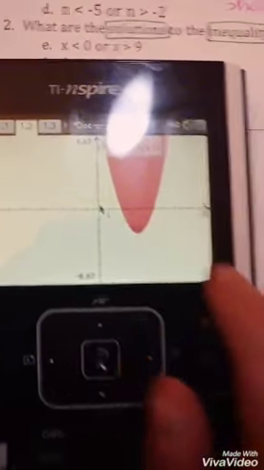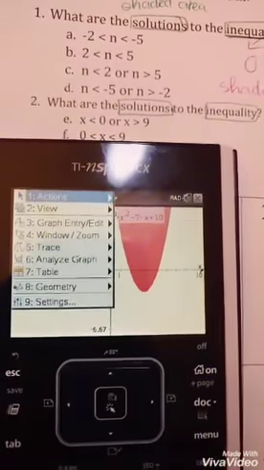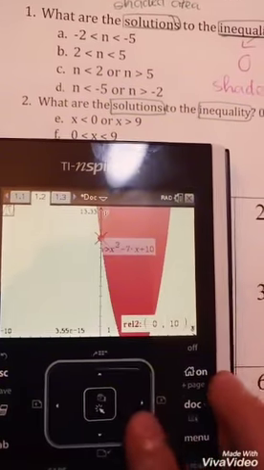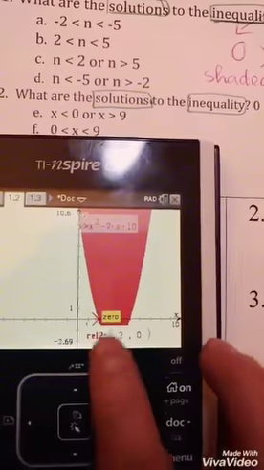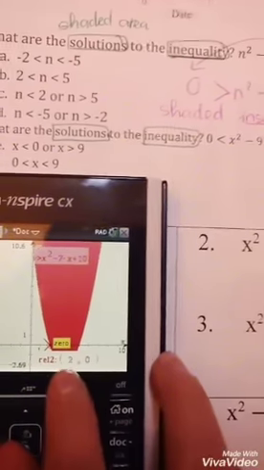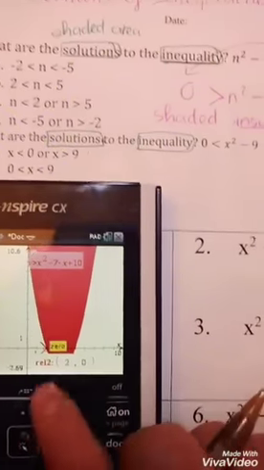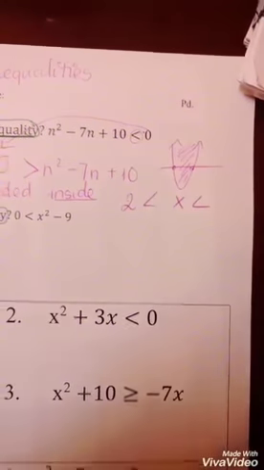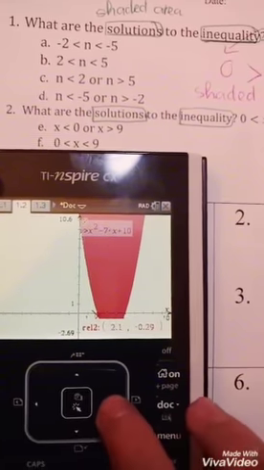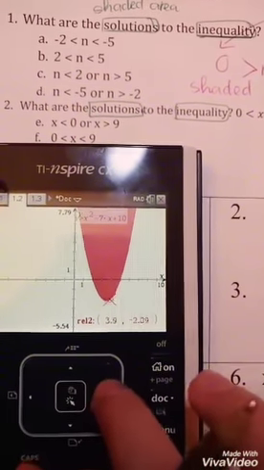So what you do is press magnify 1. Okay, we don't want that, we want the zero. So you keep going until you see zero right here. That's the first number we're going to put. Since it's the left zero, I'm going to put it on the left side of the answer. So that's positive 2.